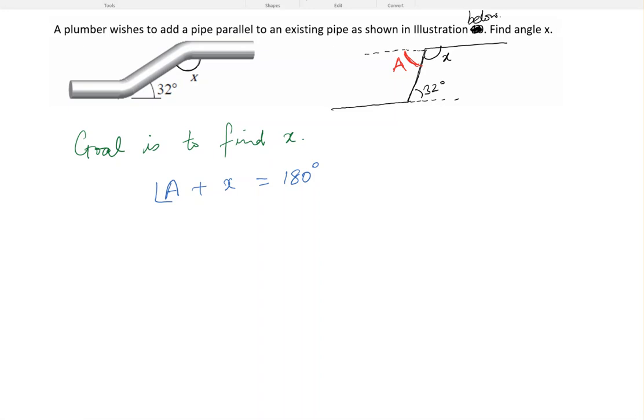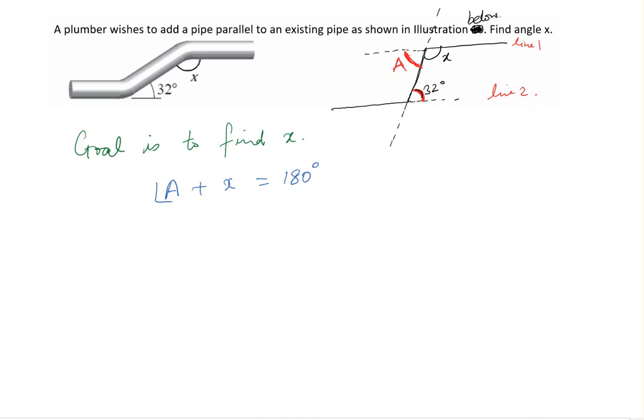So for angle A and the 32-degree angle, we know that these two pipes, pipe 1 and pipe 2, are parallel to each other, and this is our transversal line. You can just extend it a little bit and visualize this as a transversal line.